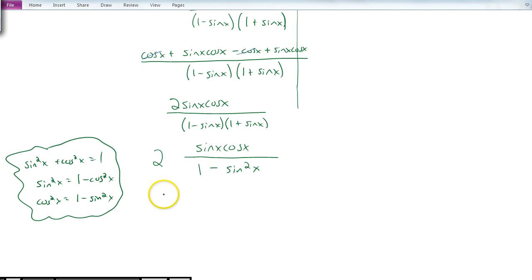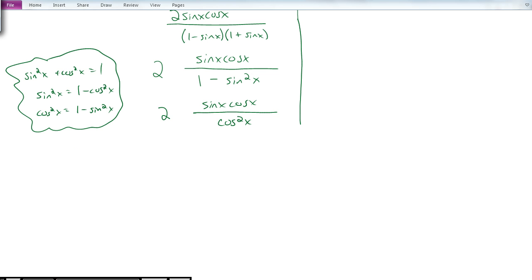So I can re-express this as 2 times the quotient sine x cosine x all over, now 1 minus sine squared is equal to cosine squared. Okay, looking better and better here, because now I recognize that this cosine and one of the two factors of cosine in the denominator will divide.